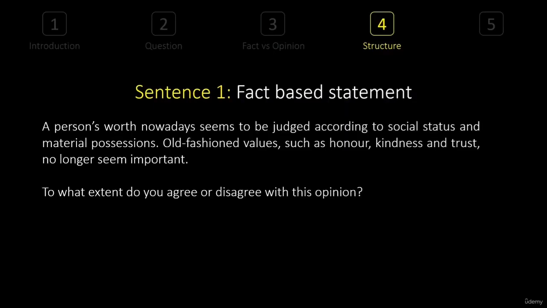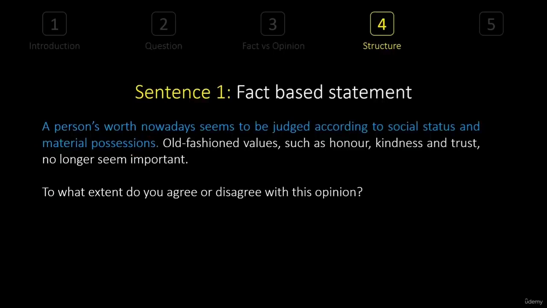Remember, this was a question earlier: a person's worth nowadays seems to be judged according to social status and material possessions, and all this question is about whether these things are important or not. Our fact in this question was this one, isn't it? So it is recommended that your first sentence is connected to this part, only the fact-based statement.